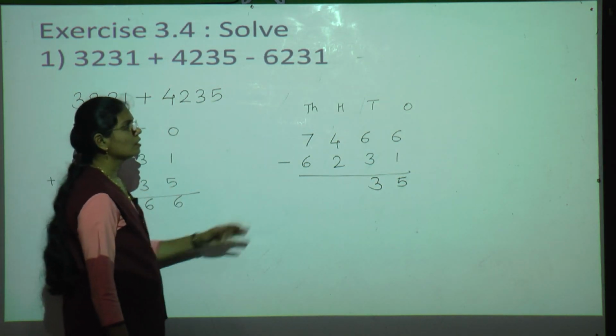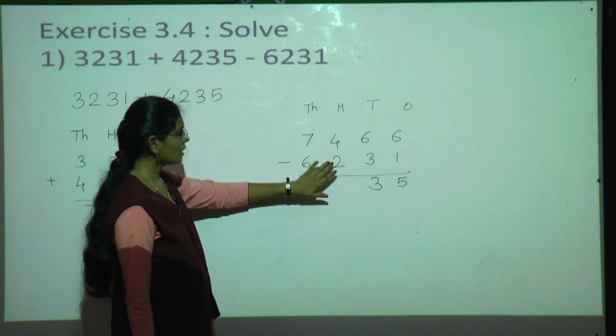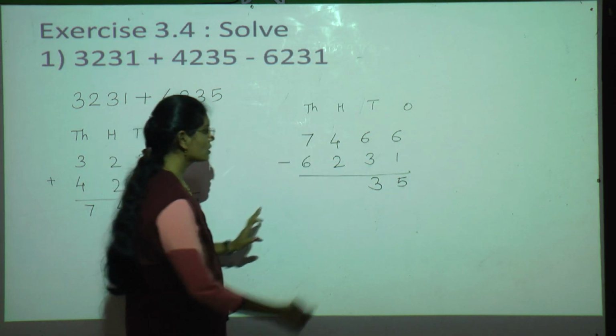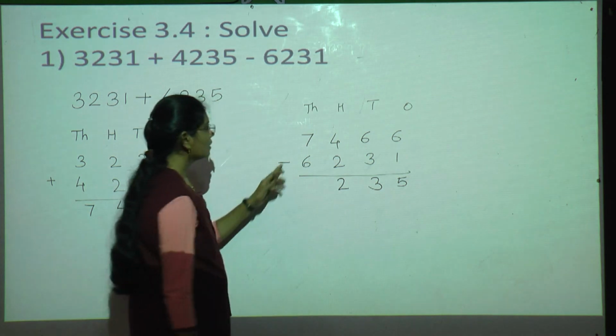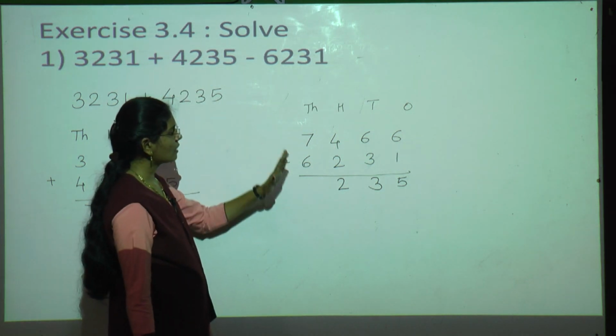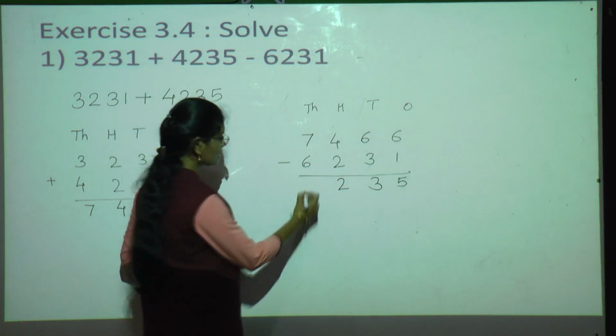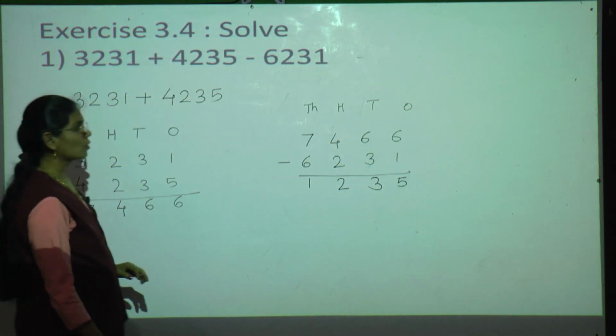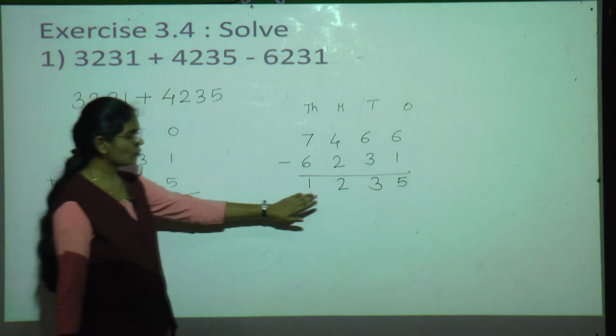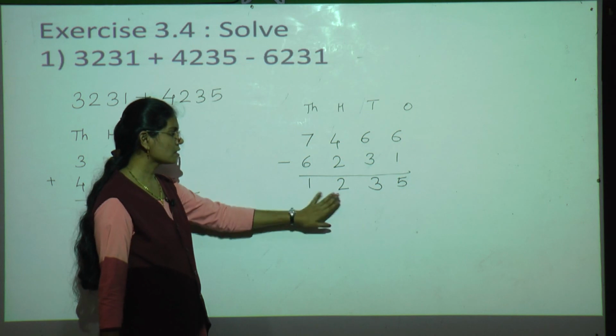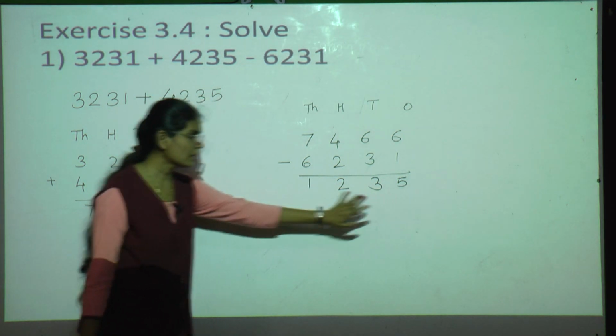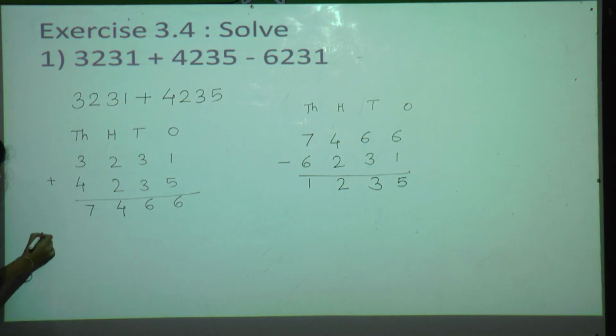Then the hundreds place: 4 minus 2 is equal to 2. At thousands place, 7 minus 6 is equal to 1. So what answer did we get? We got the answer 1235.